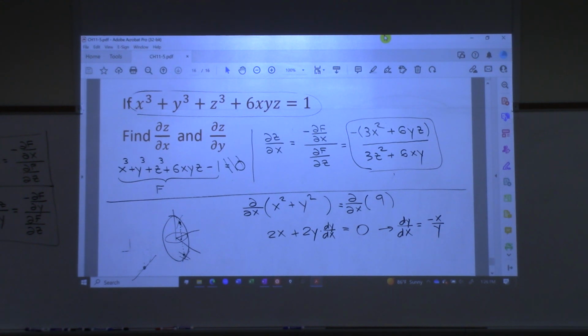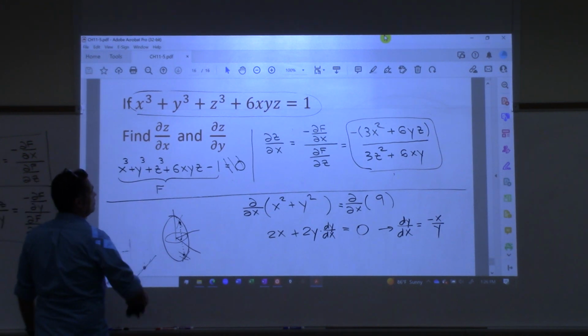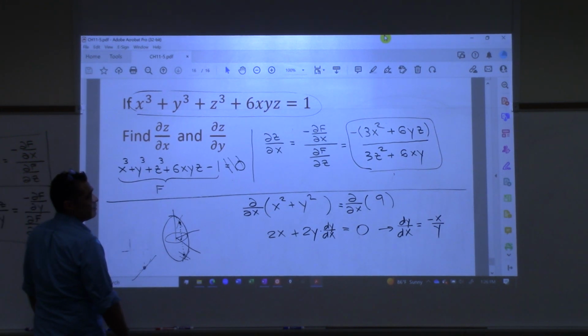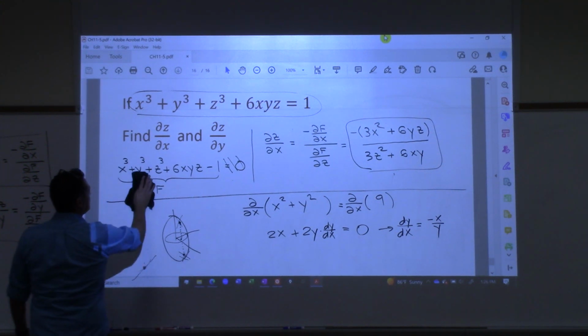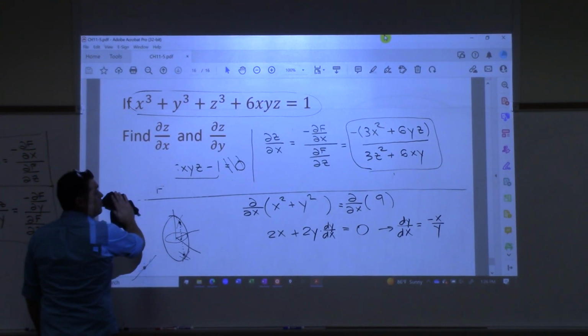Quick question. Is that homogeneous? What's your definition for homogeneous? I'm just trying to remember. What do you mean? Like from differential equations, is it a homogeneous equation?